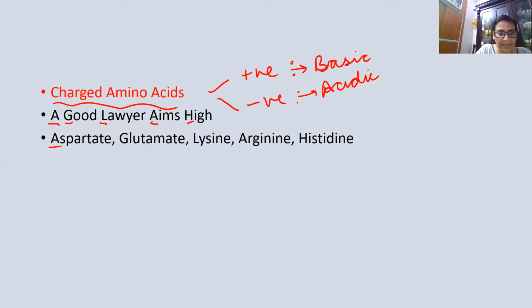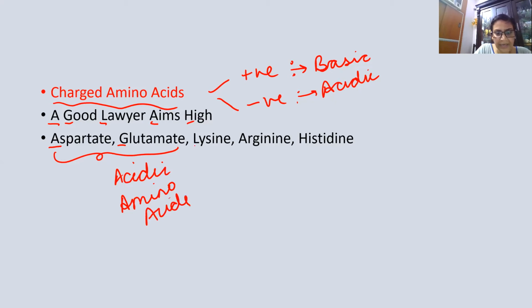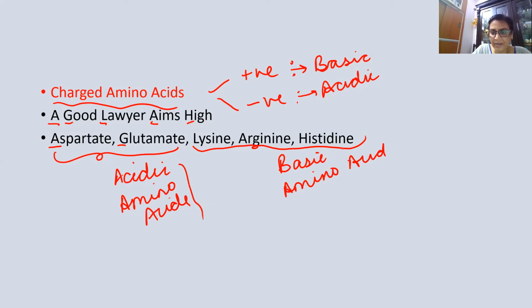So aspartate and glutamate are the acidic amino acids. And lysine, arginine, and histidine are the basic amino acids. As just now I told you, acidic, negative charge, and basic, positive charge. So these are the charged amino acids.